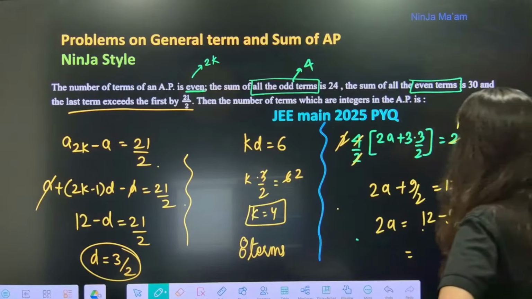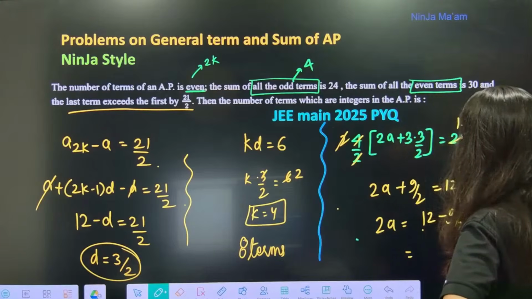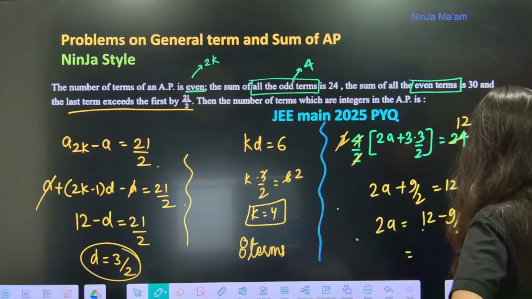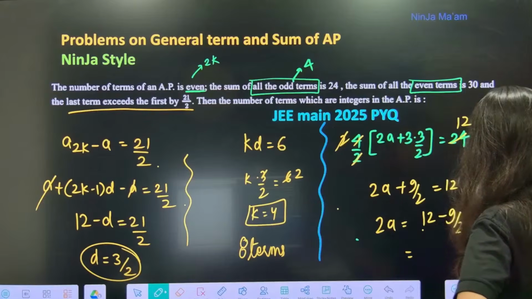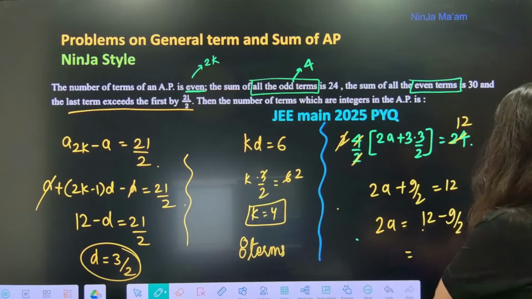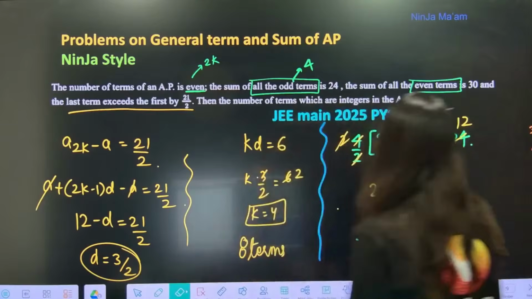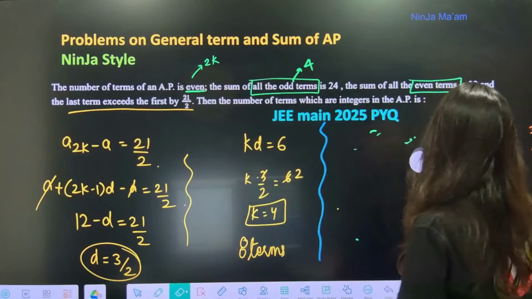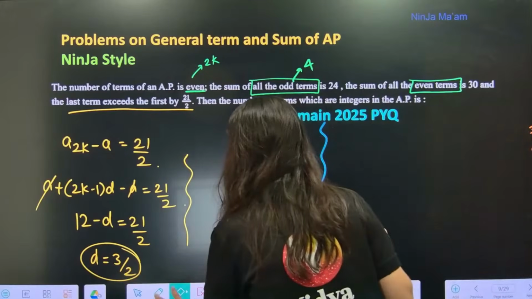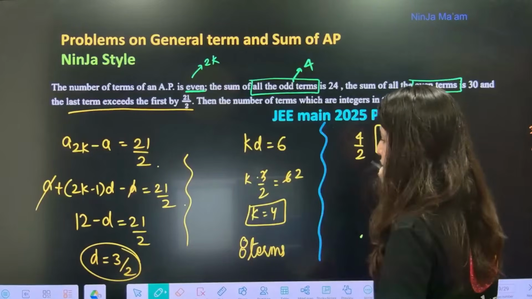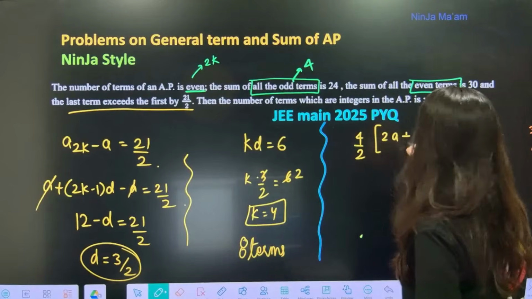So now this is 2A plus 9 by 2 is equals to 12. 24 minus 9. 15 by 4. Something is wrong. 4 terms, right? 4 terms, 4 by 2. 2A plus n minus 1, 3.